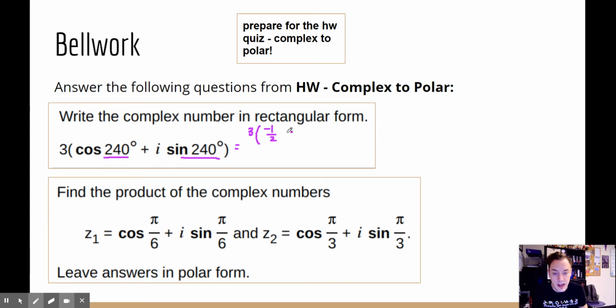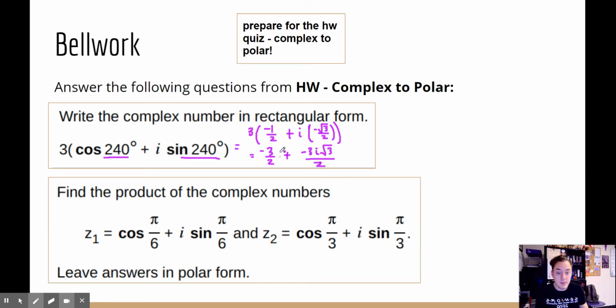So this is -1/2 plus i, and then sine of 240 is going to be, I'm going to put this in parentheses, negative radical 3 all over 2. When I simplify this, I multiply through, so this is -3/2, and then plus, and then this right here is going to be -3i times radical 3 all over 2.